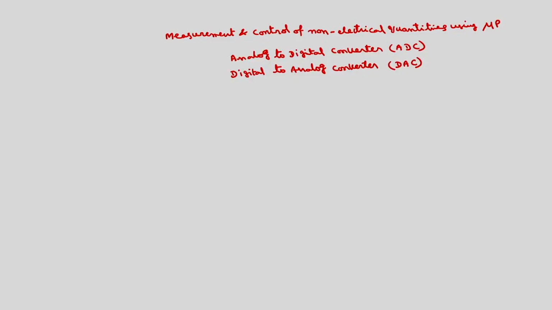So this ADC and DAC play an important role in industrial control systems. Okay. So why do you have to use these analog to digital and digital to analog converters?